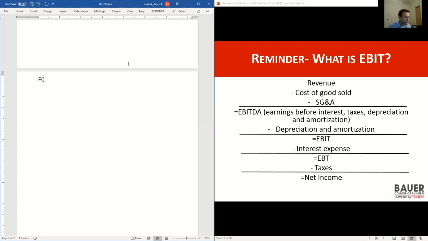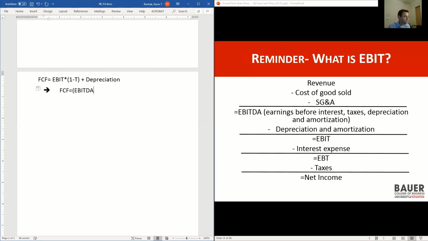We have this equation so far. We have the free cash flow is the EBIT times 1 minus T plus depreciation. That's what we're covering. We're going to recognize that EBIT includes depreciation. So I'm going to rewrite everything just in terms of depreciation. So our free cash flow is our EBITDA minus the DA, right?